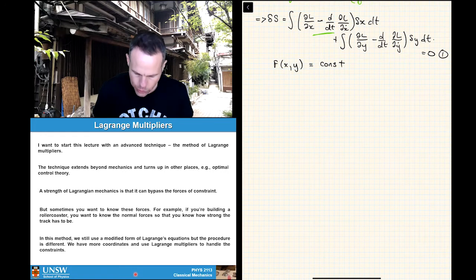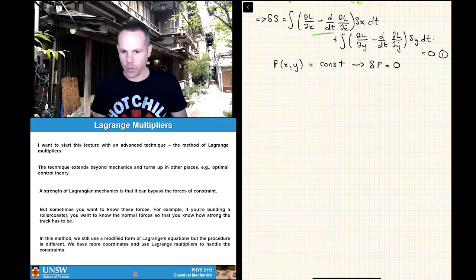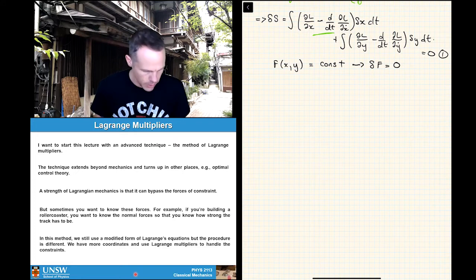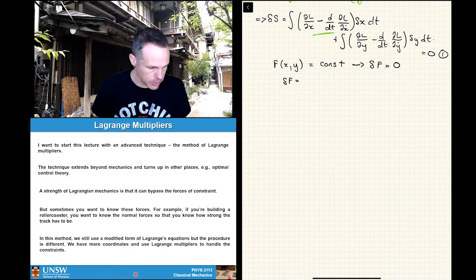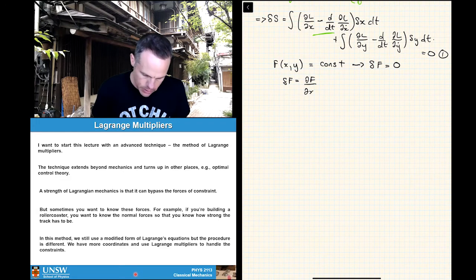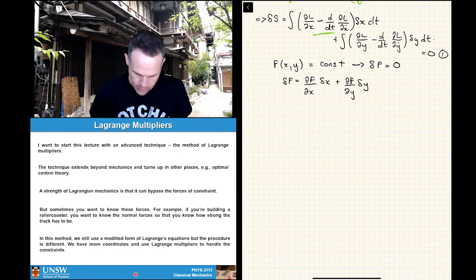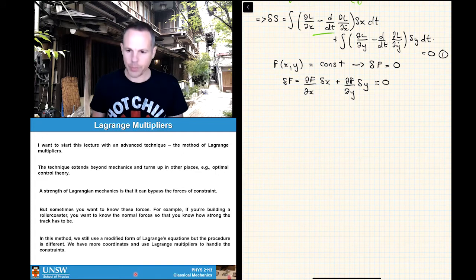If that's true, then delta f has to be equal to 0, because otherwise f is not going to be constant. And we can write delta f, from a calculus perspective, as df/dx delta x plus df/dy delta y. And of course, this thing is equal to 0.